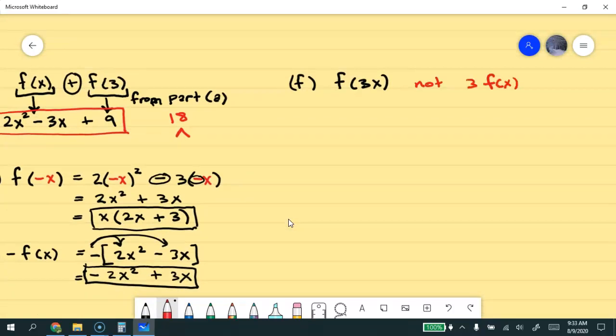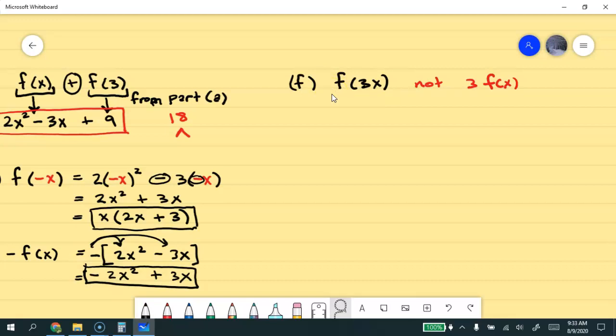That often gets confused by students. They're like, isn't that saying the same thing? Not really. In one situation, they wanted you to plug x into the function and then multiply that answer by 3. Here, they actually want you to plug 3x into the function and then do nothing else after that. So it's not exactly the same thing as it was before.